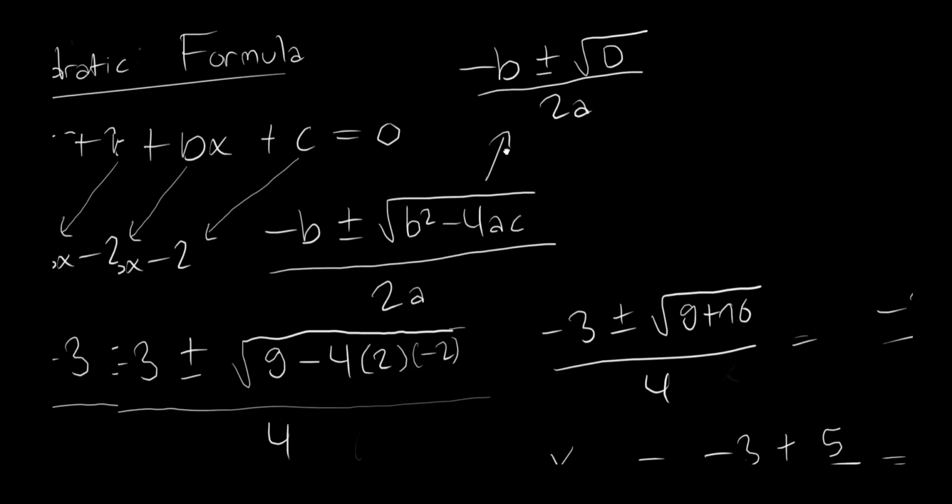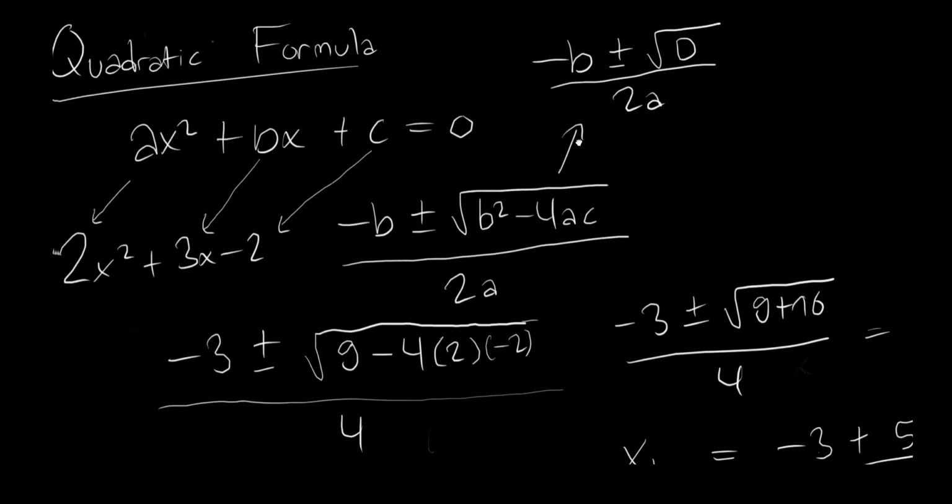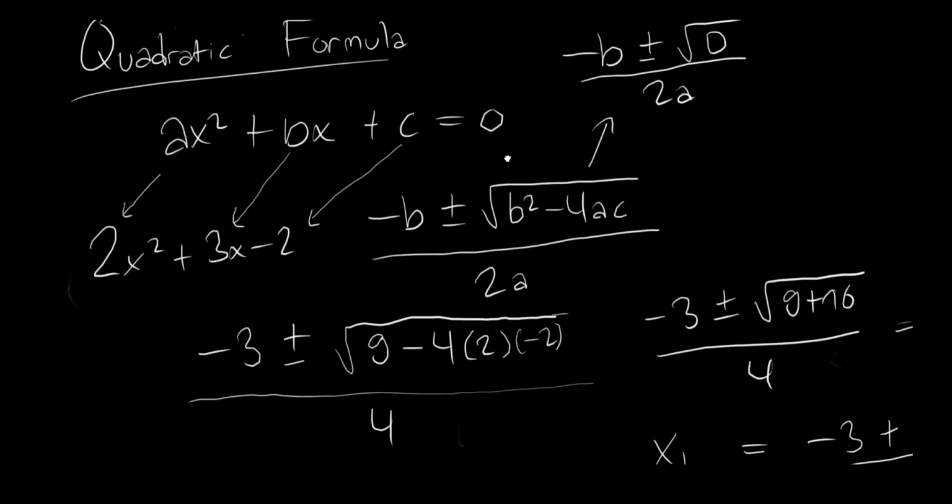So this is the quadratic formula, and it is used to factor trinomials or quadratic equations. This is one of my favorite ways to factor trinomials or quadratic equations, by using the quadratic formula, because for me it looks really neat.